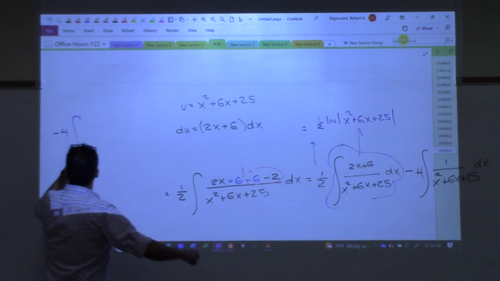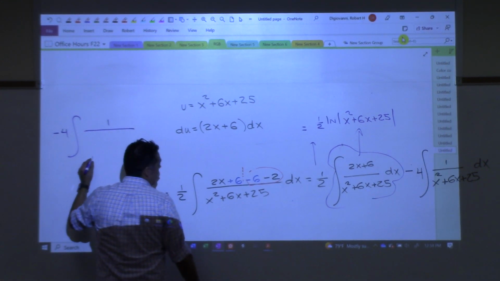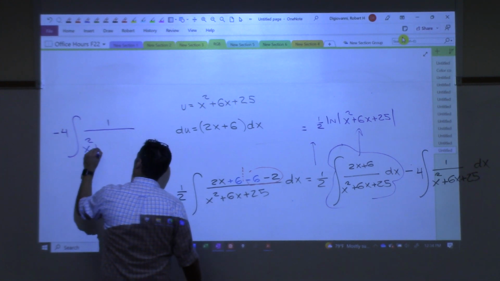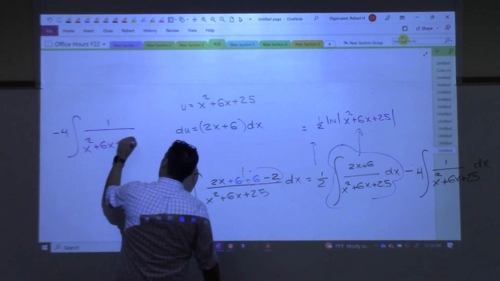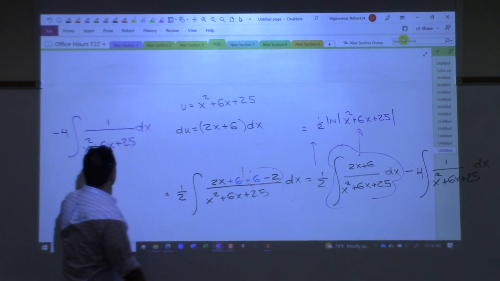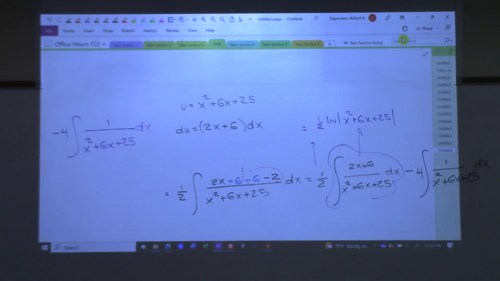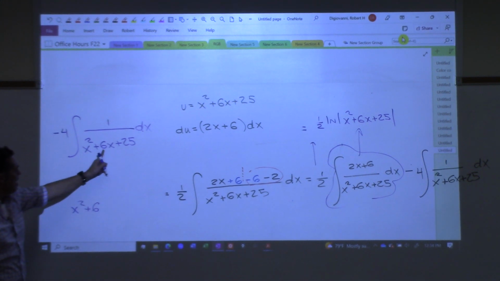Okay, so this one, I'm going to take this, and I've got the x squared plus 6x plus 25. And now I have to complete the square in the denominator. So complete the square down here. If I complete the square, how do we complete the square? We take half of that, which is 3, squared, which is 9, add it and subtract it.